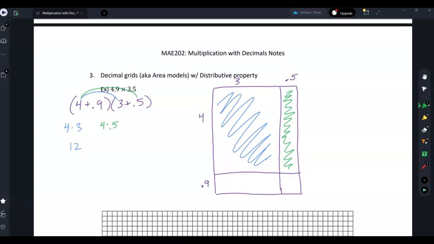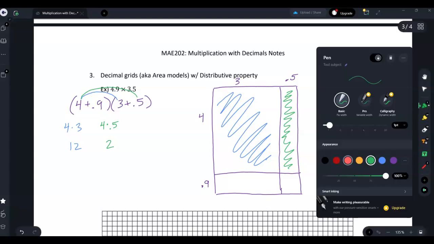So 4 times 0.5 is going to be, so 4 times 5 would be 20, but then I would move the decimal over one space, right? So I end up getting 2, right? Because if I had 20, but then move the decimal for that one digit behind the decimal, I get 2. You could also think of that as 0.5 is really a half, so half of 4 is 2.